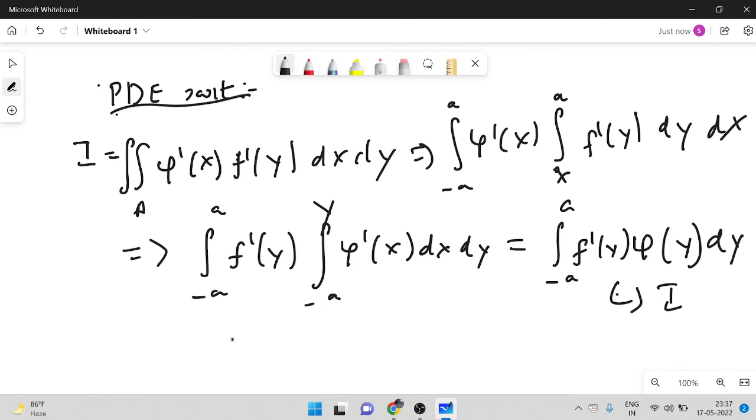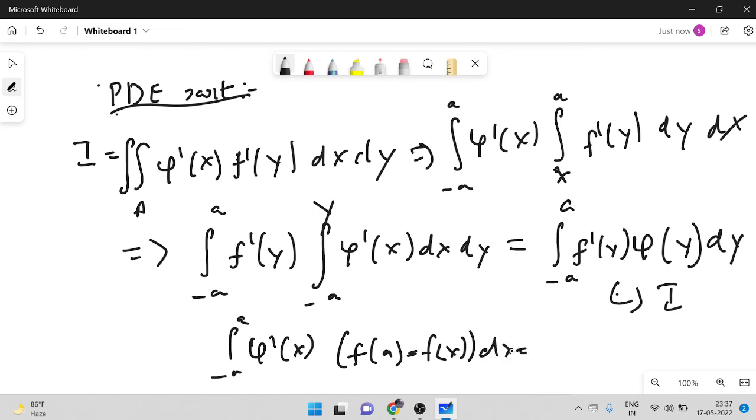So you integrate this and you get the integral from minus a to a of phi dash of x into f of a minus f of x dx, which is f of a times the integral from minus a to a of phi dash of x, minus the integral from minus a to a of phi dash of x f of x.